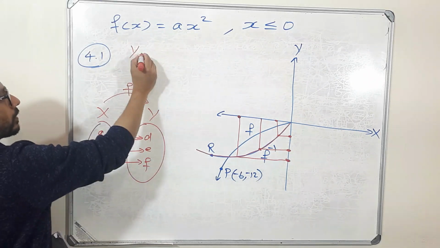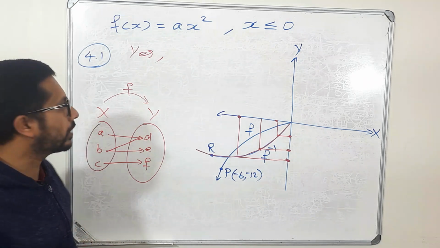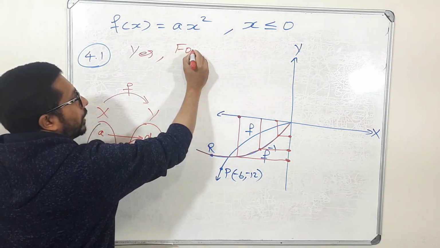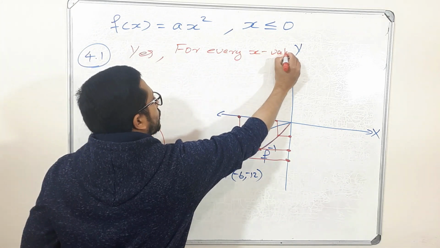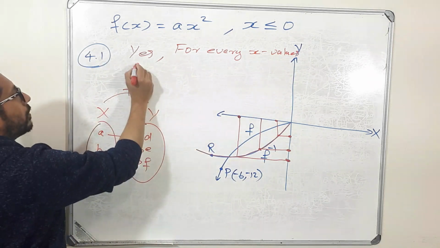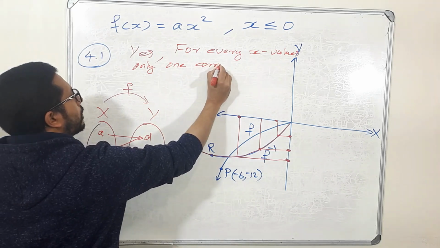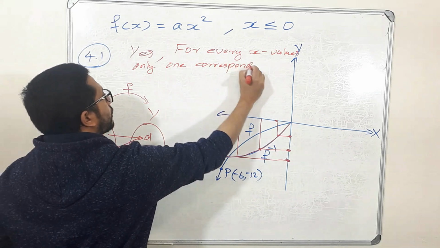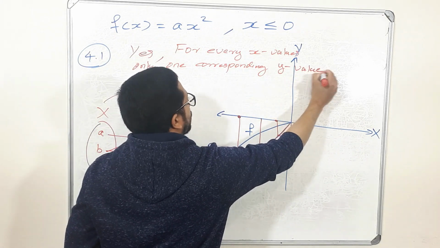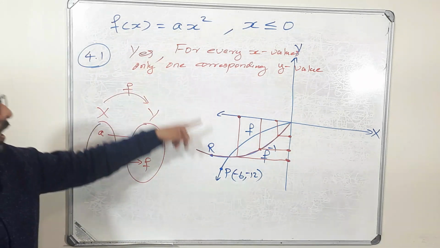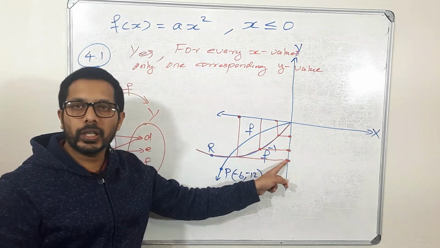Okay, so yes means that we are saying that f inverse is a function. And what is the reason? For every x value there is only one corresponding y value.